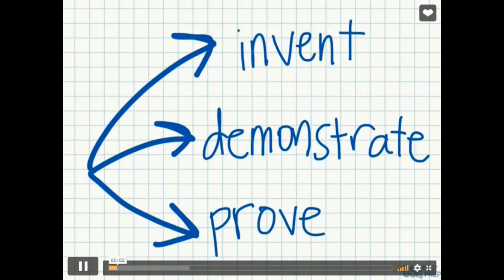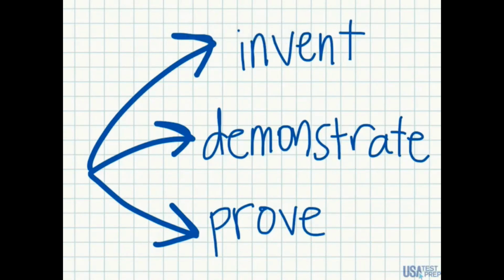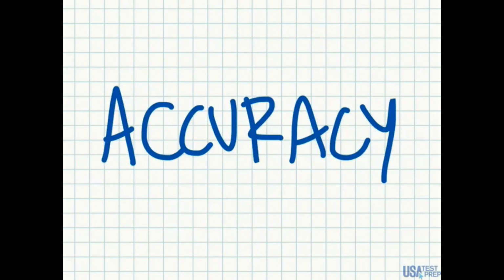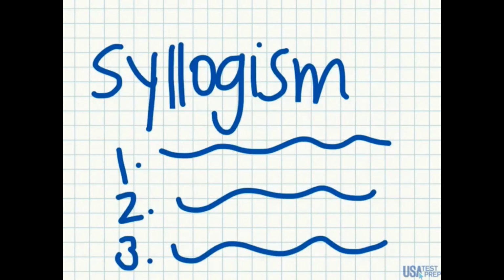Logic is an important aspect for all successful written arguments. Logic is a system of analysis used by writers to invent, demonstrate, and prove their arguments. Logic also allows for writers to test their claims to prove their accuracy.